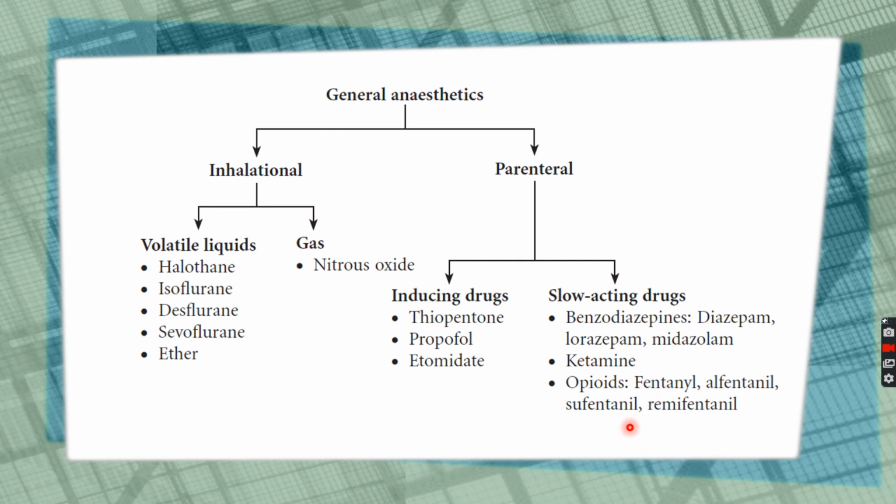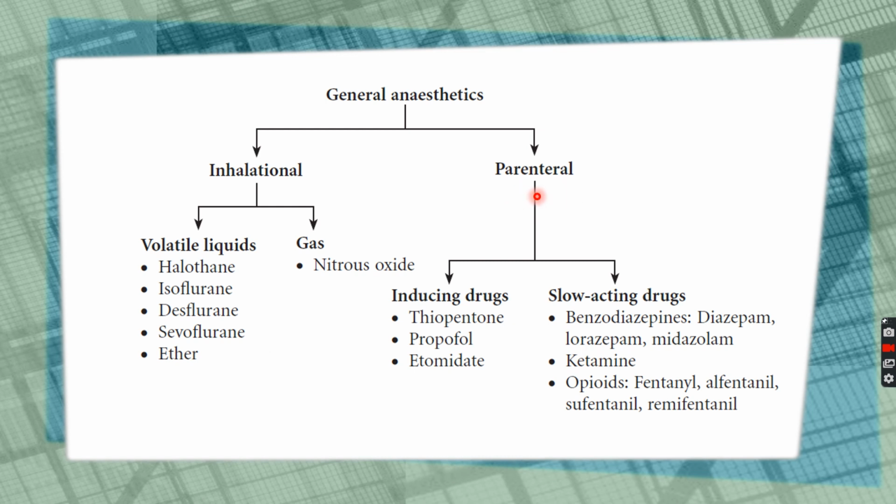alfentanil, sufentanil and remifentanil. So again, if we look at the classification, you have inhalational agents and you have parenteral agents, that is drugs which are given through the IV route. Amongst the inhalational agents, you have a gas like nitrous oxide, and volatile liquids like halothane, isoflurane, desflurane and sevoflurane.